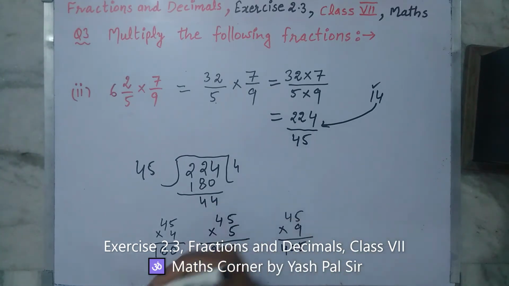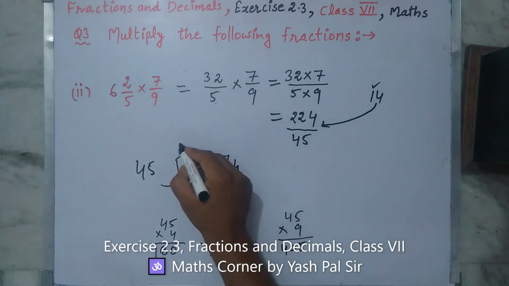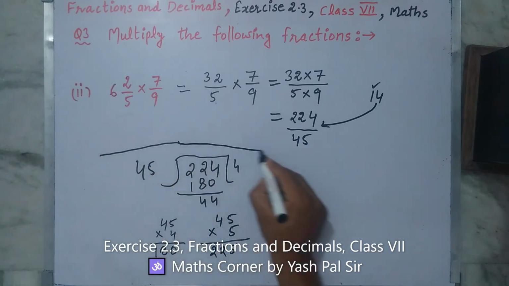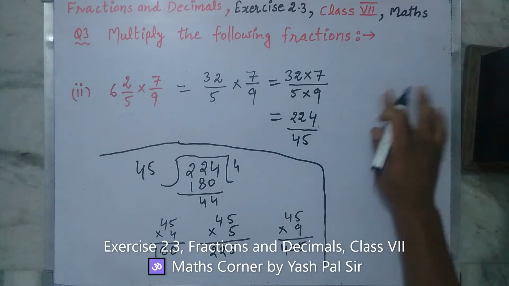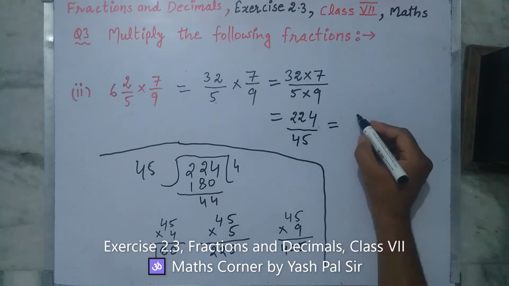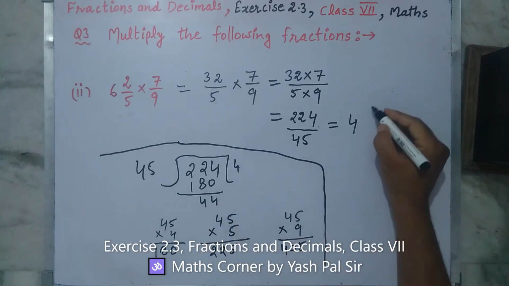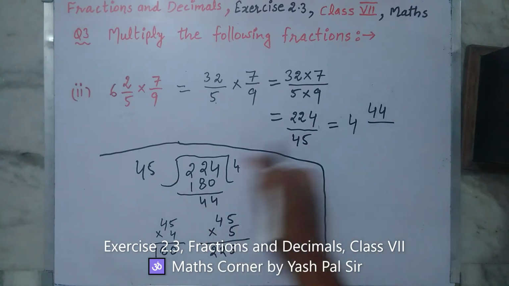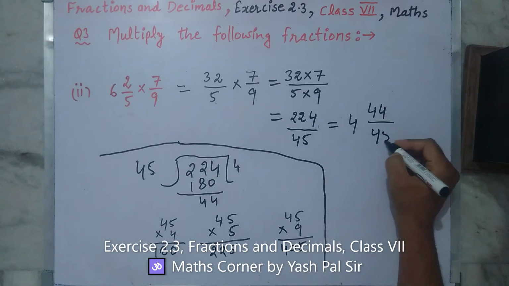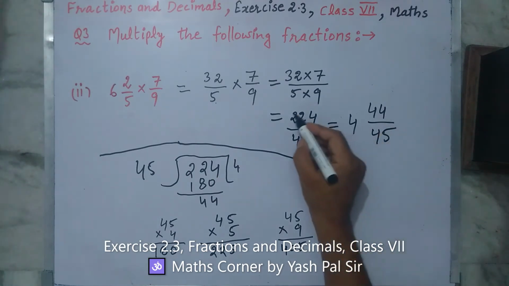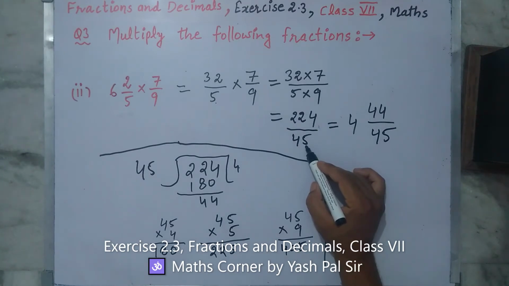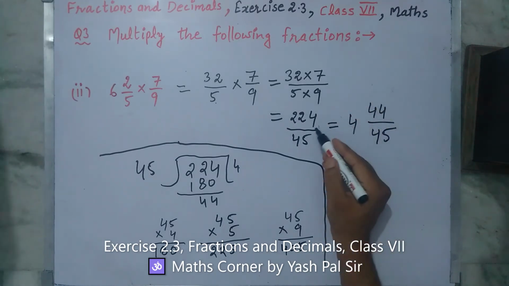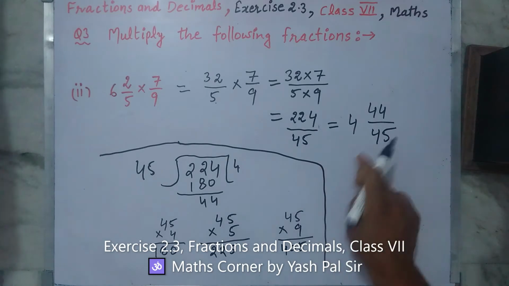So what is the final answer? This is the rough calculation. Answer is 4 and 44 divided by 45. So this is the way we can convert an improper fraction of higher numbers into a mixed fraction.